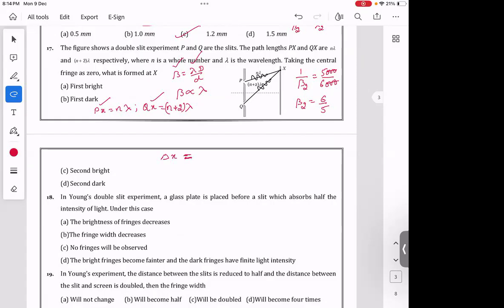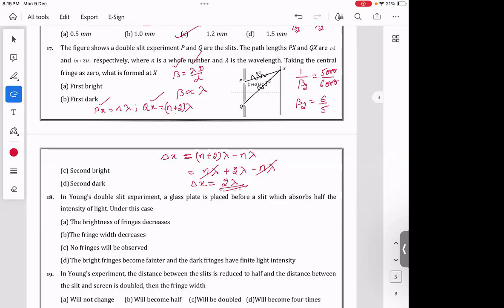Path difference is n plus 2 lambda minus n lambda. So n lambda plus 2 lambda minus n lambda; plus n lambda and minus n lambda get cancelled out. So delta x will be equal to 2 lambda.